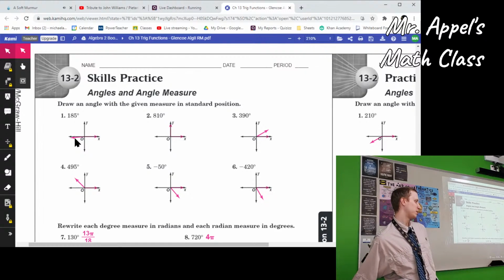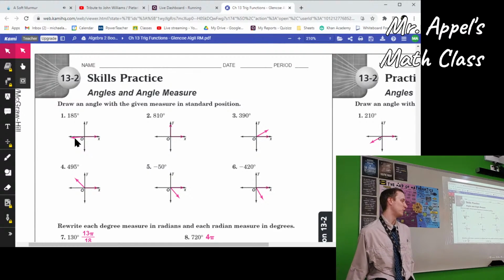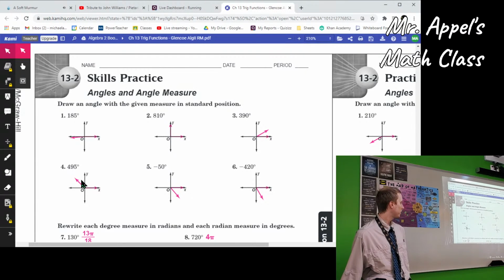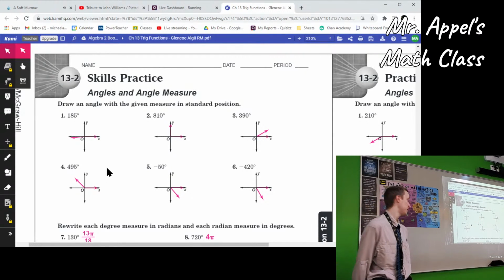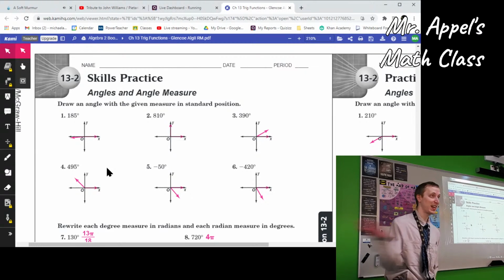You can distinguish the one right next to the axis. But otherwise, you're either right in the middle of the quadrant, the upper third of the quadrant, or the lower third of the quadrant. That's as close as I care to get, and that's as close as most angles we actually deal with get to be. Okay?